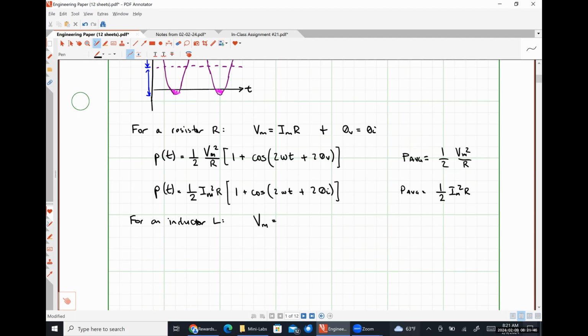So we know that phasor voltage V should be equal to J omega L times phasor current I. And then we just take the magnitude of both sides. So the magnitude of phasor voltage V is Vm. The magnitude of J omega L is omega L. The magnitude of phasor current I is just Im.